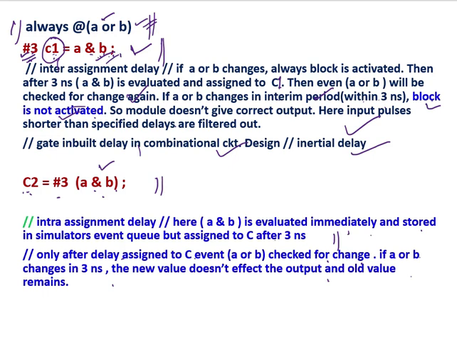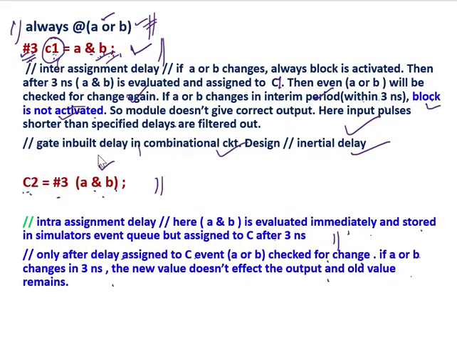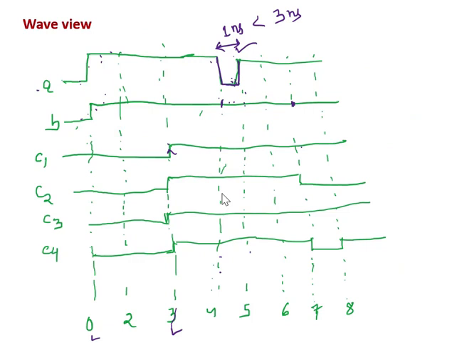So here we can see C2, this part is C2. This is the intra-assignment delay, and for this one the wave view will be like this. So this is C2, and this one is A and B. After 3 nanoseconds we get A and B equal to 1, right? The initial value was 1 for C1, and for C2 we also got 1.